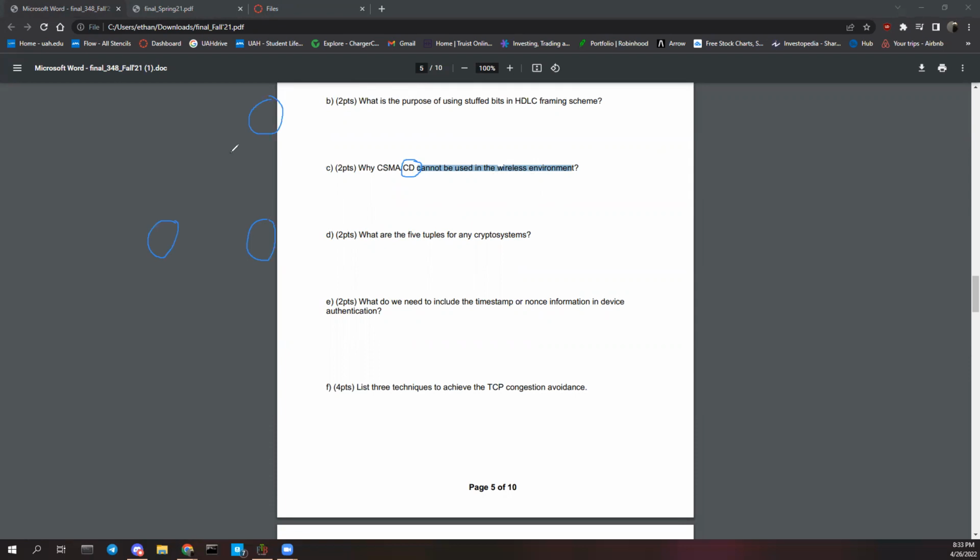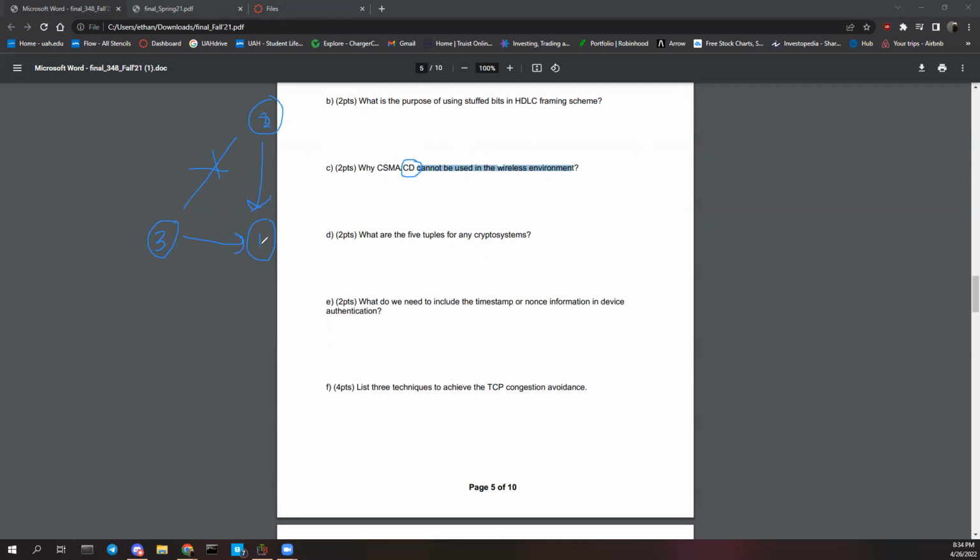Let's say their ranges are such that this node can communicate here and this one can communicate here, but they're just so far apart that their messages will not reach one another. Let's say that both of these nodes have an urgent message for 1. This is node 2 and this is 3. They both say, hey, 1, I have something important to say, and they spam him with messages, right?